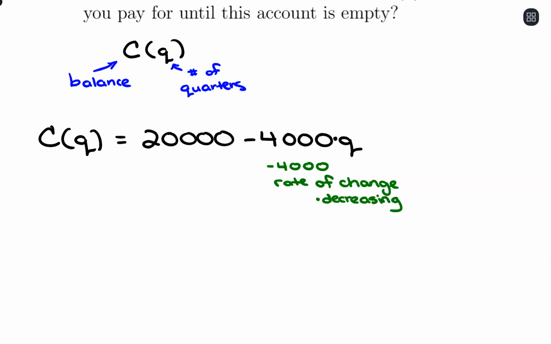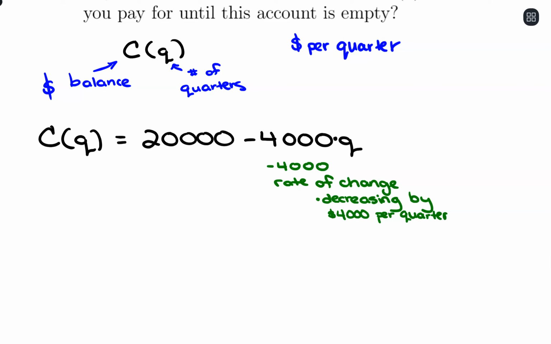And it's decreasing by, and our units are going to be our units for change in output, which output is in money. And then change in input is the number of quarters. So like dollars per quarter is going to be our units for the rate of change. So what we're seeing here is decreasing by $4,000 per quarter. So all of that's coming from our rate of change.